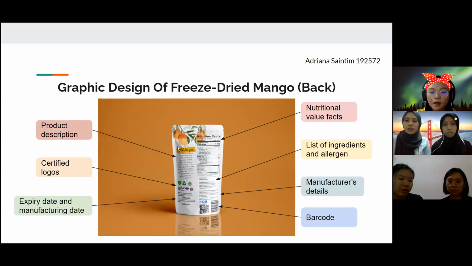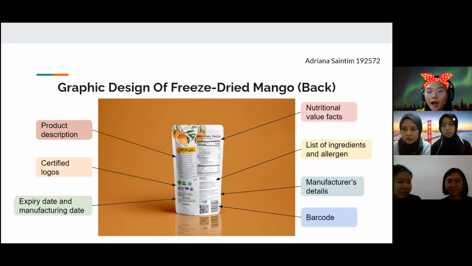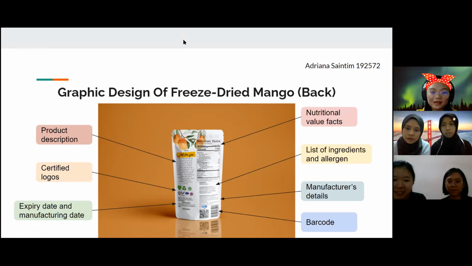It describes our company as well as the ingredients that we use, and states a few claims of our product, like using the highest quality of mango, and we also included the certified logos such as MESTI, HACCP, GMP, Halal, and others.